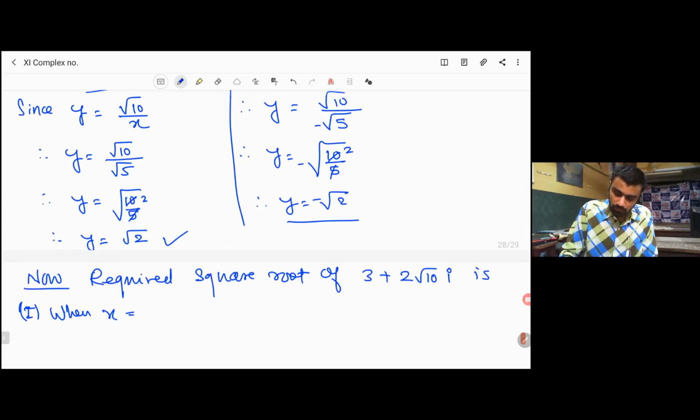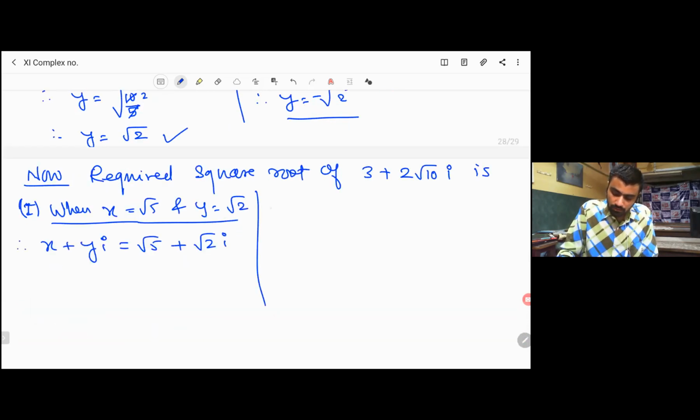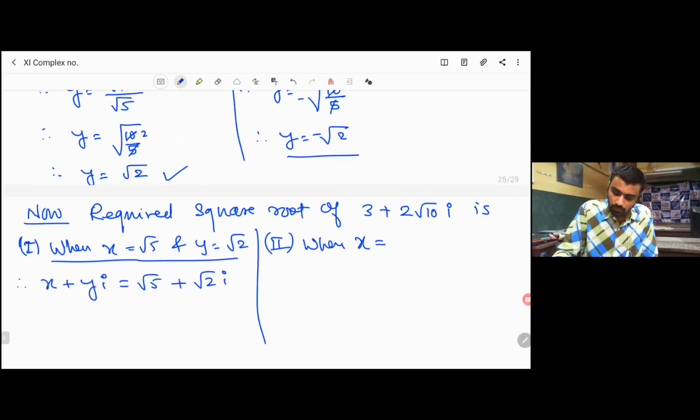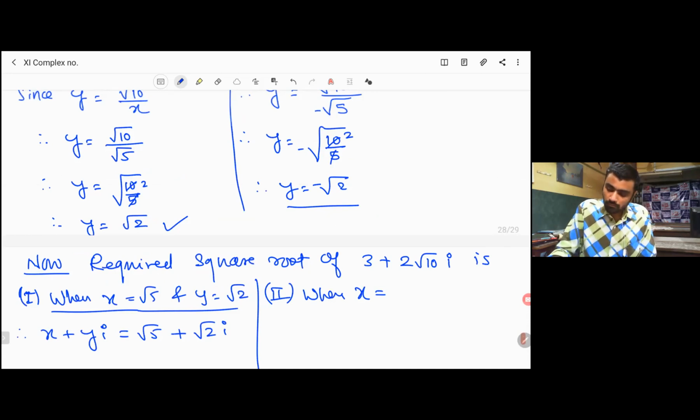In that situation what is my square root value will become x plus yi is equal to, इसमें वैल्यू सब्स्टिट्यूट कर दो, that is going to be √5 plus √2i. And in the second situation we have when x is equal to minus √5 and y is equal to minus √2.